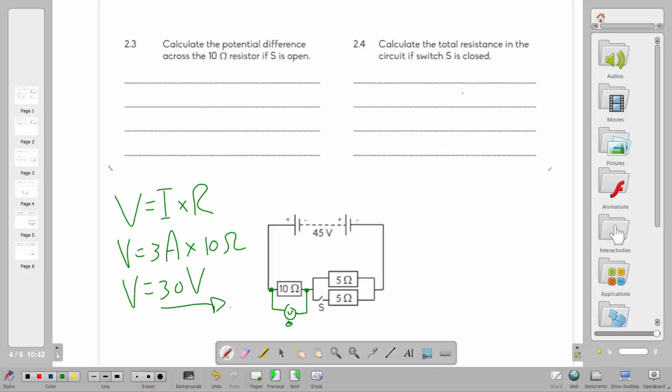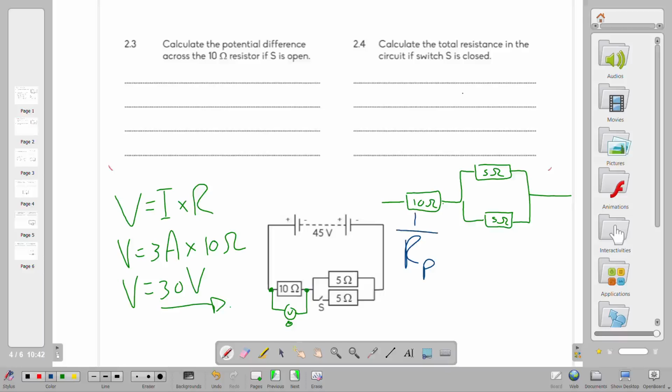So I'm just going to quickly redraw here. So here's my 10 ohm. And then I have 5 ohm and 5 ohm. You connect the two. So that's the only resistance in my circuit, and I want to know what's the total resistance. Well, firstly, we're going to have to calculate the parallel resistance.